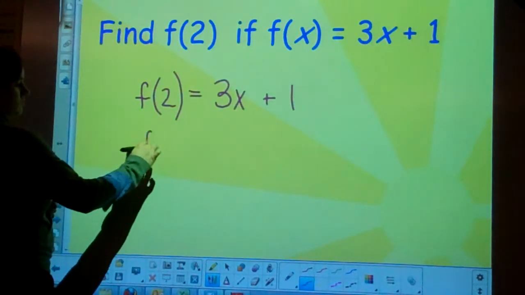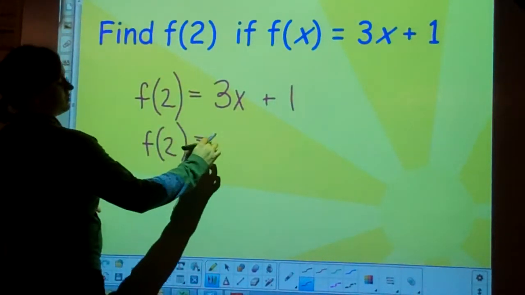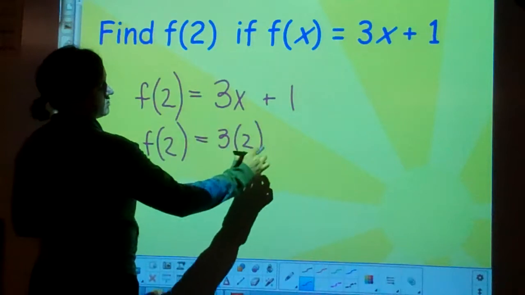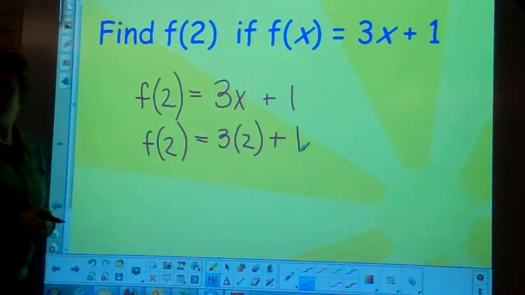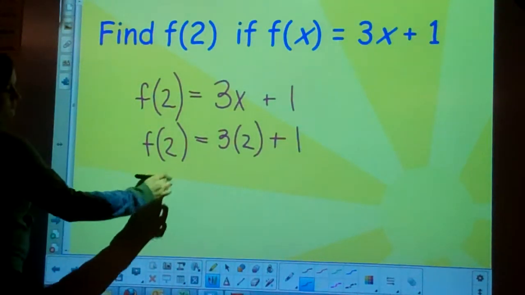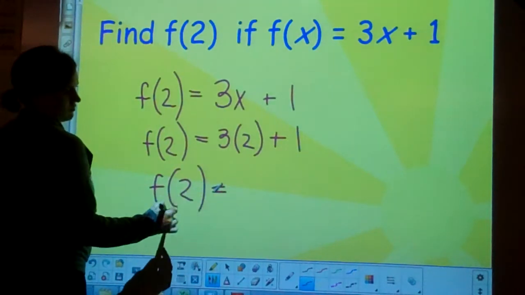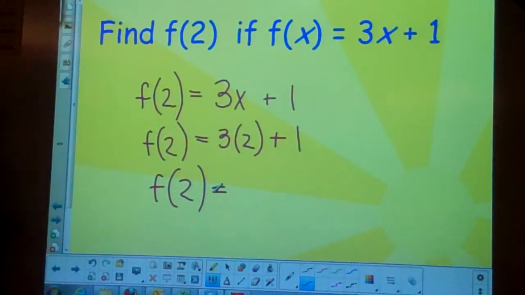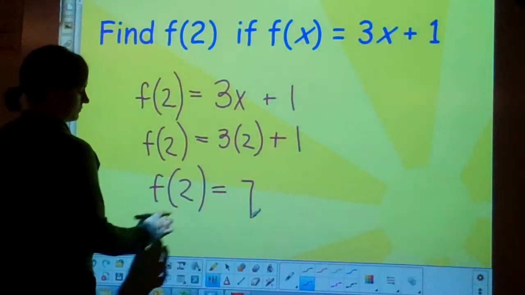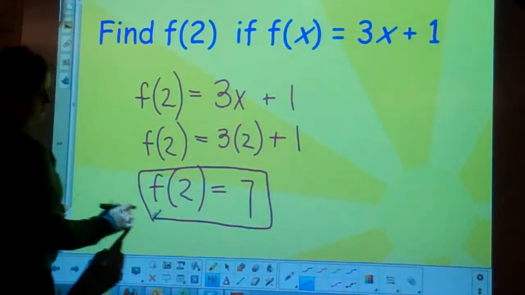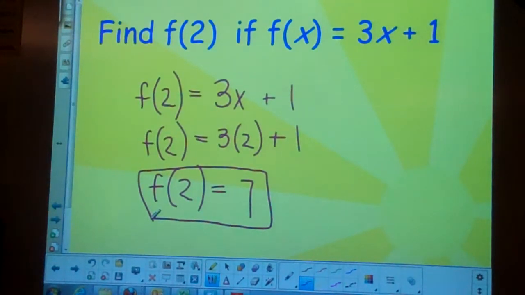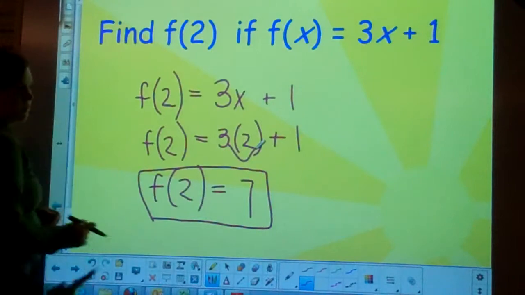A 2. So f of 2 equals 3 times 2 plus 1. So what does f of 2 equal, Tyler? f of 2 equals 7. Yeah. Remember, order of operations tells us to multiply and then add.